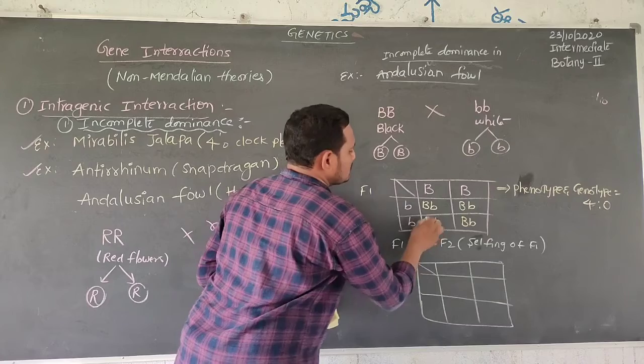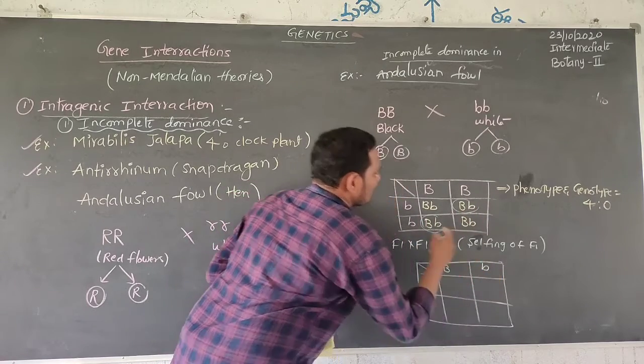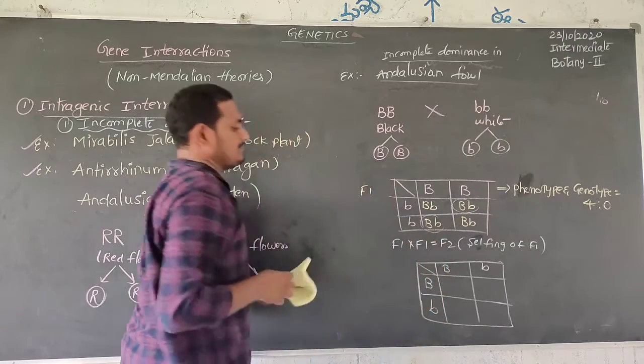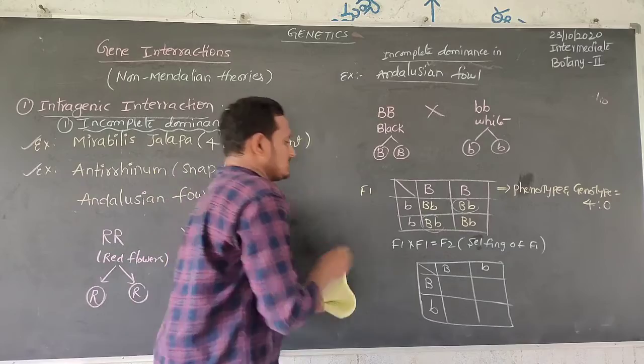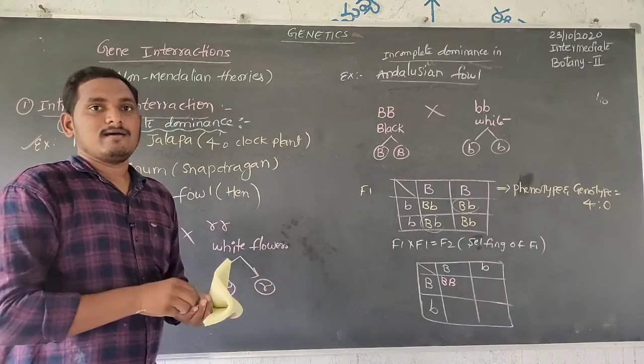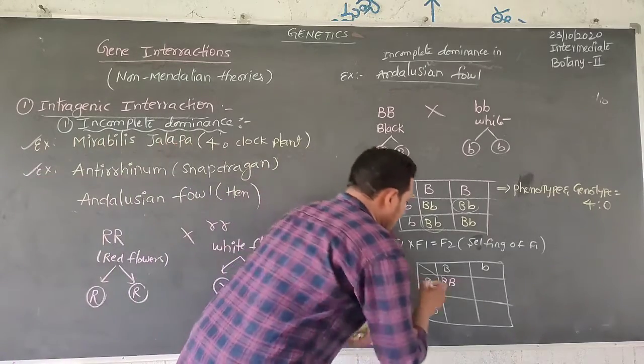So these two plants we have to show: capital B, small b for one plant, and capital B, small b for the other. So capital B, B means a black fowl, or black hen.